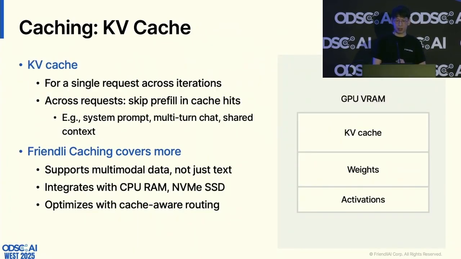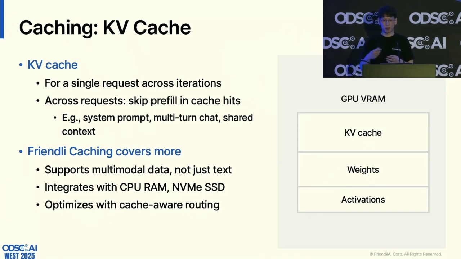Now, next, caching. Caching is essential. For transformer models, we use key-value cache. KV cache stores intermediate combinations of keys and values across iterations for a single request, and also across requests to skip prefills when there is a cache hit. And Friendli caching covers more.